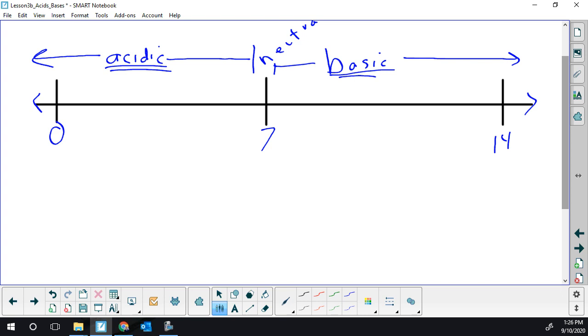If we look at what blue litmus does, and we're going to look at red litmus in a second. These react with either the H plus or the OH minus in solution. Now I put these arrows going away from 7.